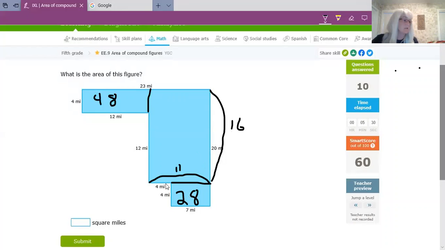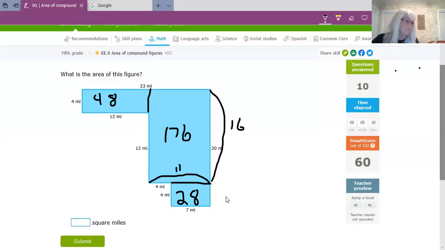So when I multiply 16 times 11, and again, I'm working over here on my scratch paper, I get 176. So for the area of this entire figure, I would add up 48 plus 176 plus 28.